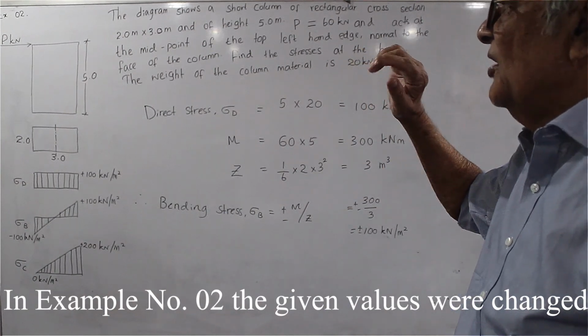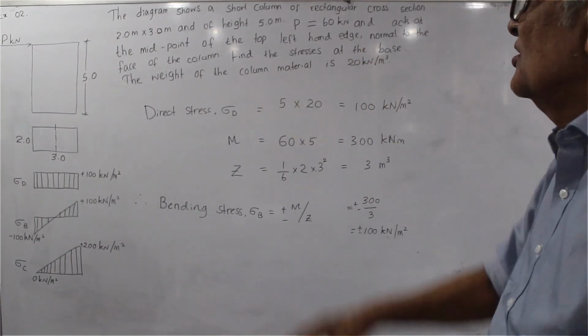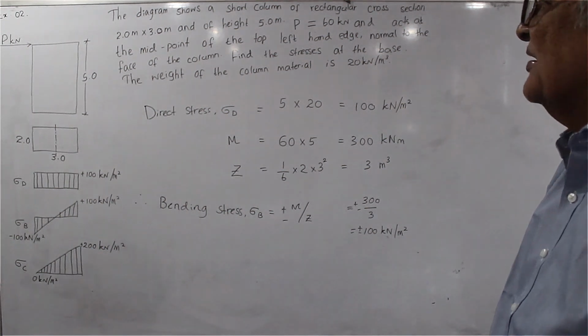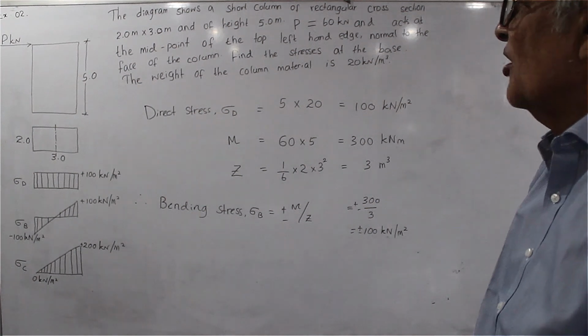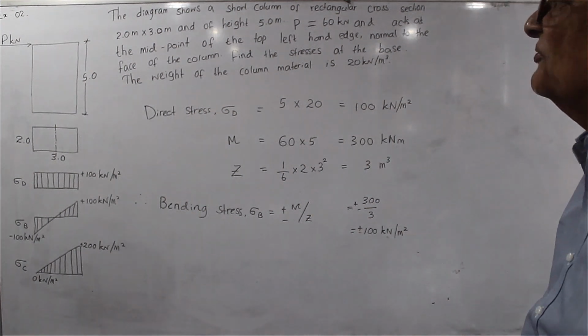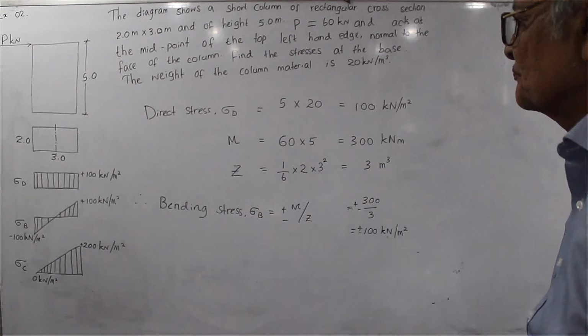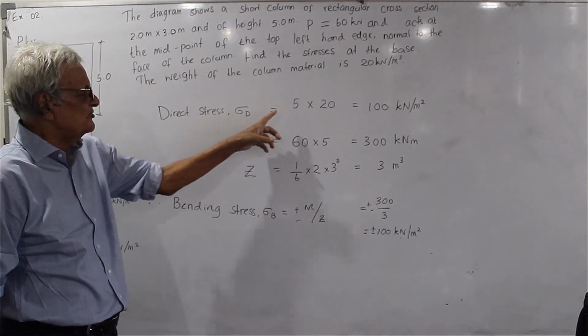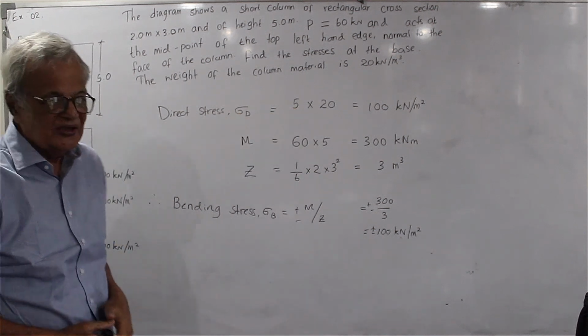The example 2 is given on the board. The load P is acting at the midpoint of the top left-hand edge normal to the face of the column. Then the direct stress sigma D equals 5 into 20.